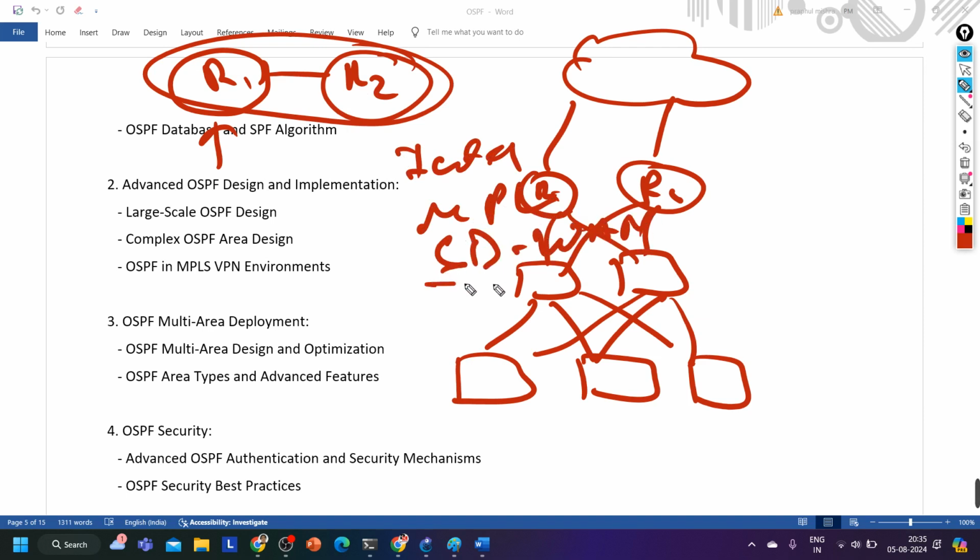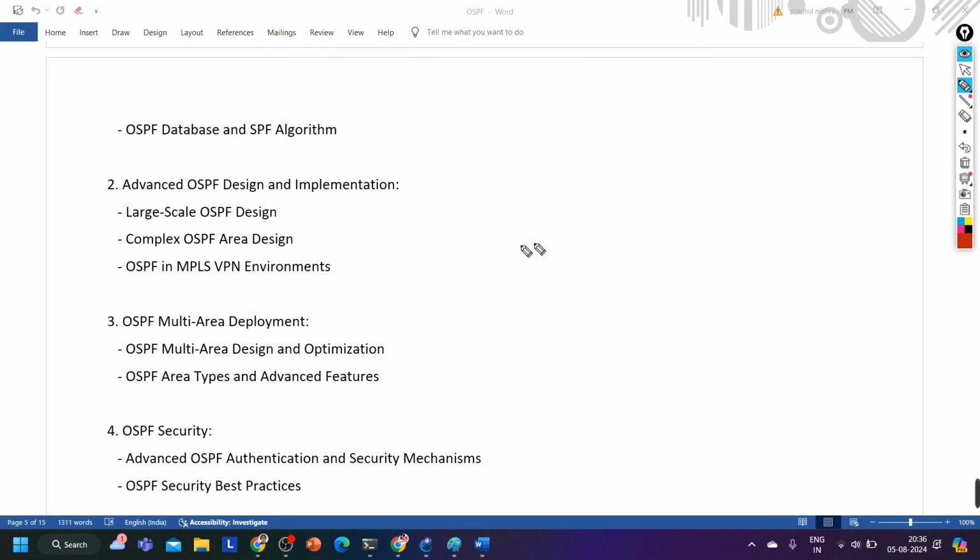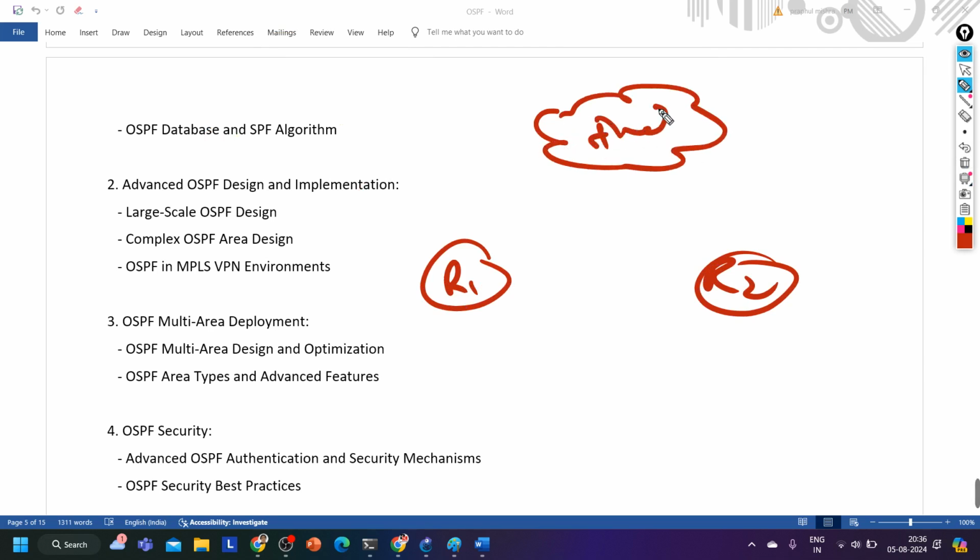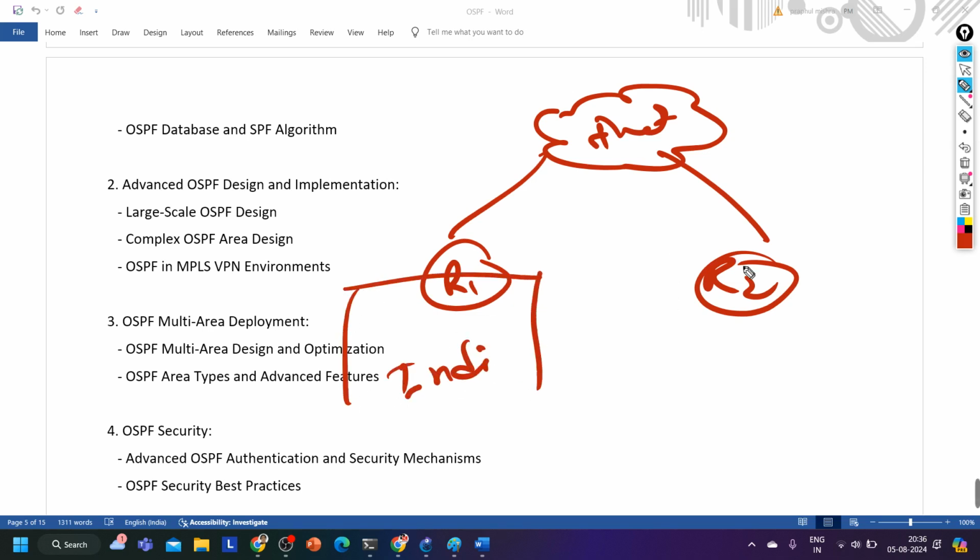These are transportation technologies, overlay networks. With the help of transportation, we connect multiple sites together. Now suppose 2 branch offices are directly connected together with the help of the internet. This is, let's say, in India, and this is in the US.